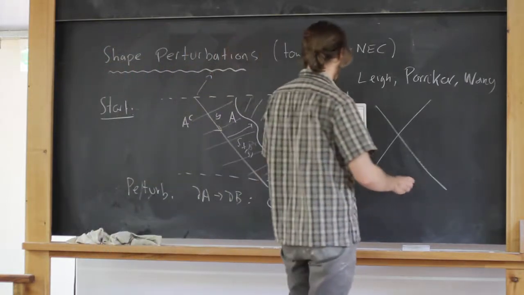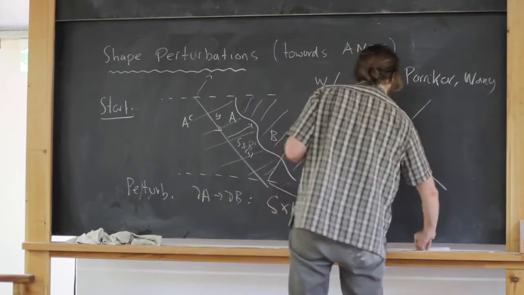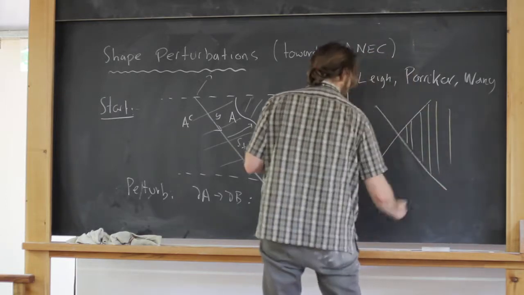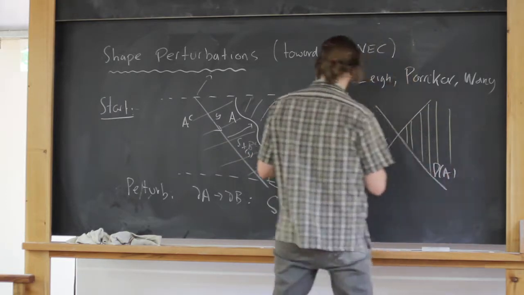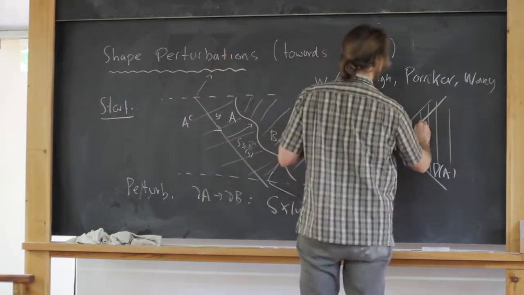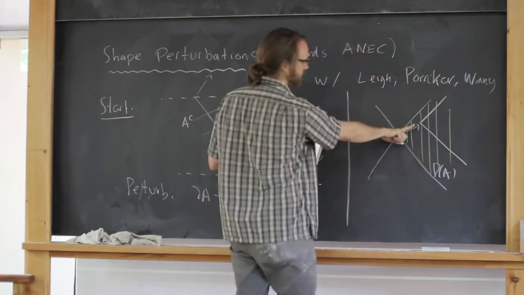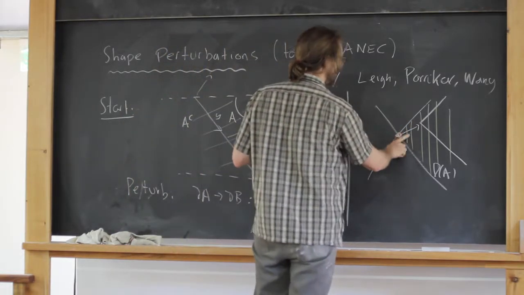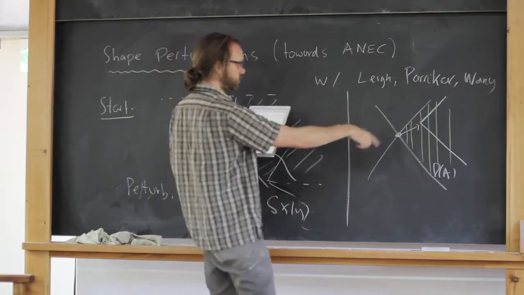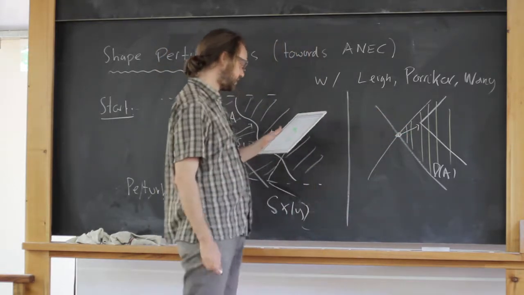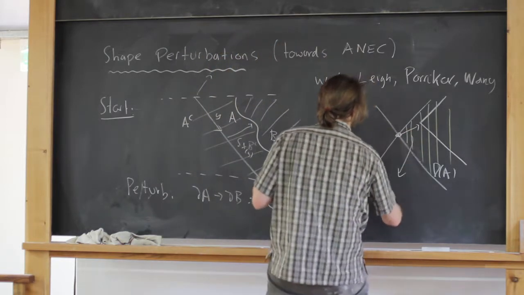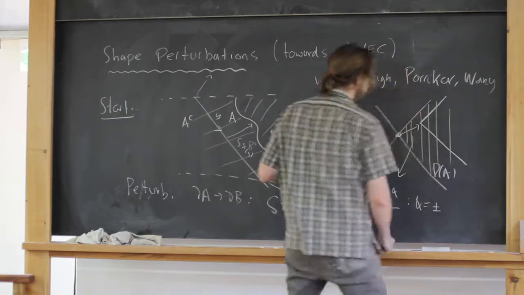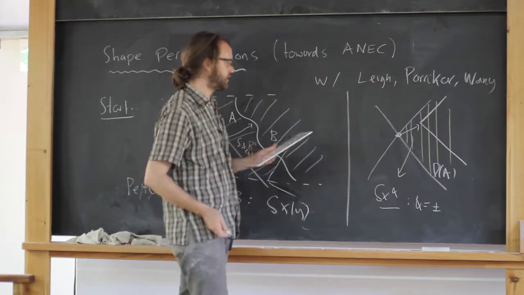And then the picture is that we have some region A, which I'll draw, some region D of A, and then we're going to perturb that region, and there's going to be some vector which describes the perturbation. Okay, so it's just a vector in the transverse directions, so it's two-dimensional, because everything is always codimension 2. And so this vector, delta x alpha, it's quite natural to label using the null coordinates in this picture.